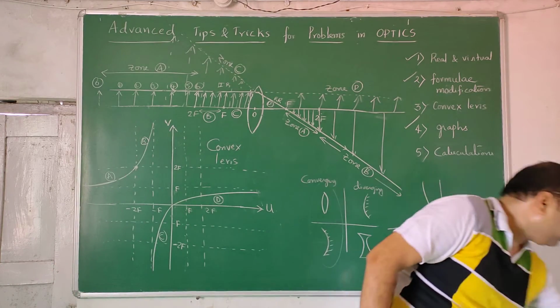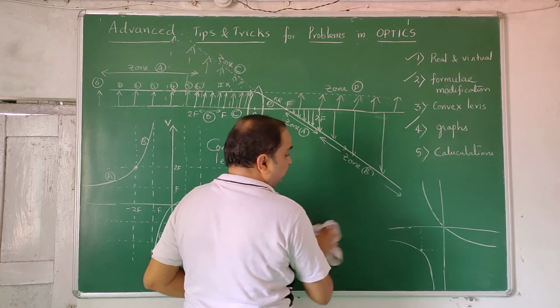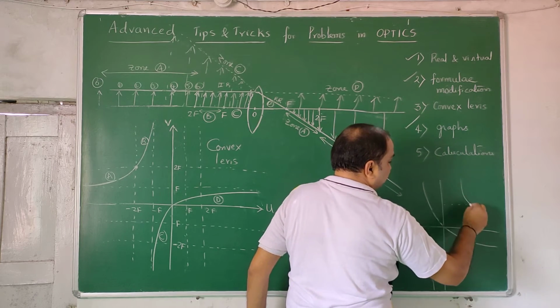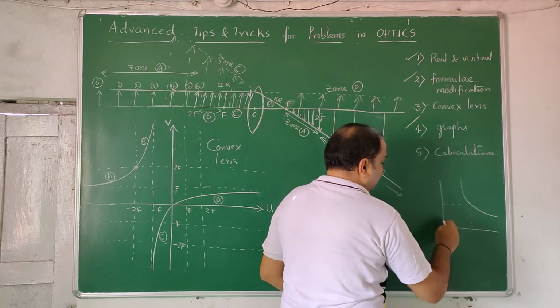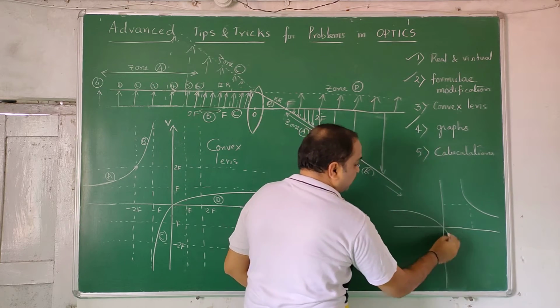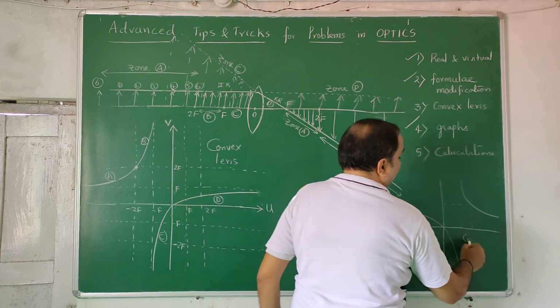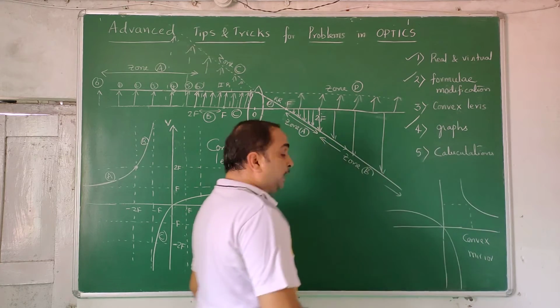Similarly, if I want a graph for a diverging mirror, that is in this quadrant, so I have to create one 2f. Rub this off. This is for convex mirror I am talking about, and this will be the graph for convex mirror. Simple logic I am telling you.